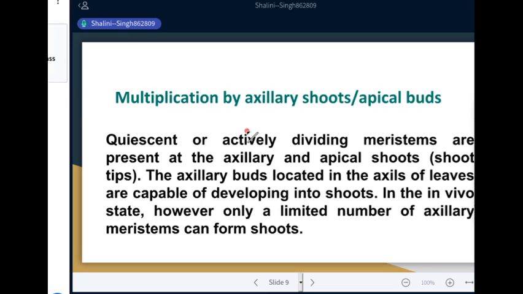The axillary shoots are present in the axil of the leaf and apical buds are present on the apex of the branch. The axillary buds, which are located in the leaf axils, are capable of developing into shoots. But in natural conditions, only a limited number of axillary meristems can form shoots.